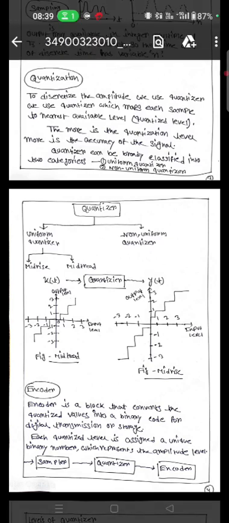Quantizers can be broadly classified into two categories. One of them is the uniform quantizer and the other is the non-uniform quantizer. Here is the quantizer division.